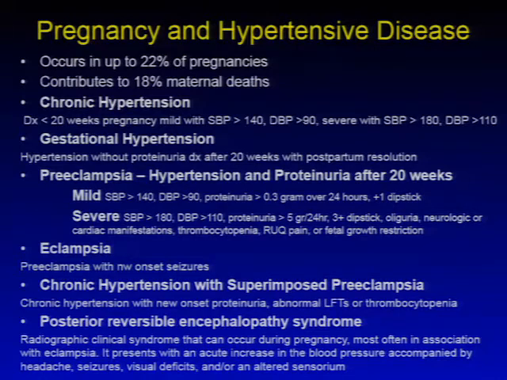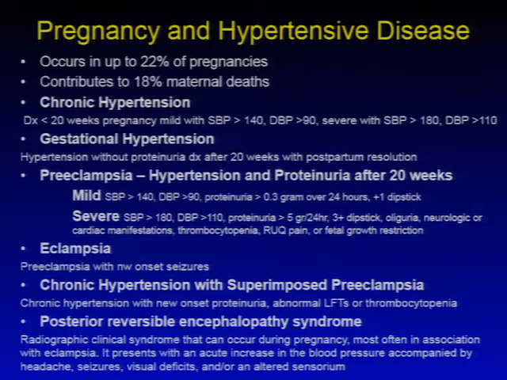Severe preeclampsia also encompasses hypertensive disorders that have cardiac manifestations, thrombocytopenia, right upper quadrant pain, or fetal growth restriction. Eclampsia is preeclampsia with new onset seizures, and chronic hypertension with superimposed preeclampsia is that of chronic hypertension with new onset proteinuria, abnormal LFTs, liver function tests, or thrombocytopenia.